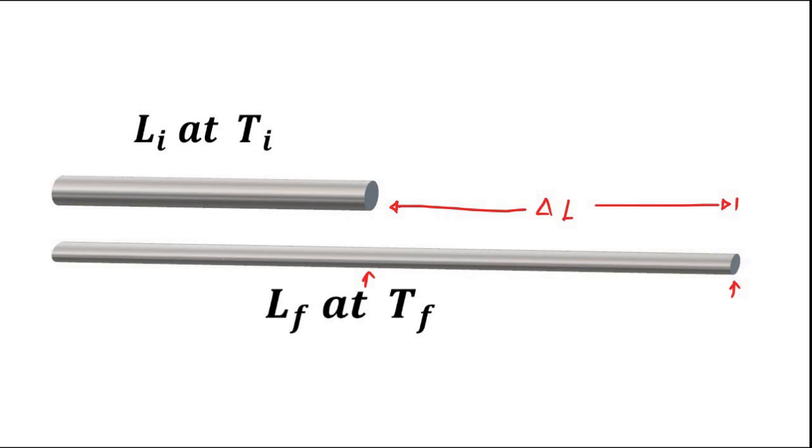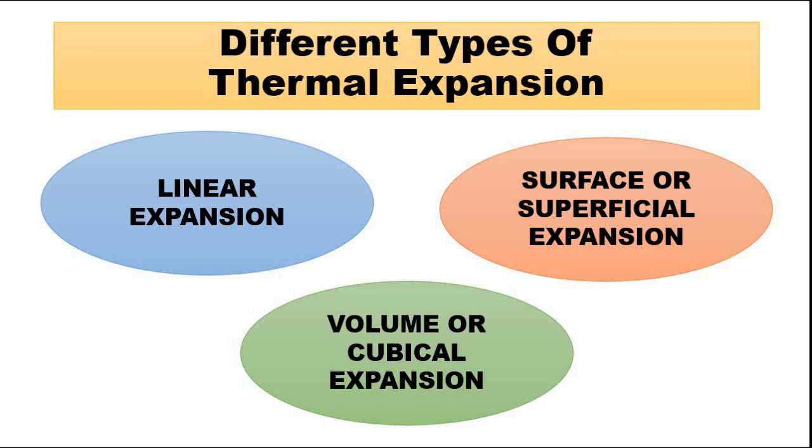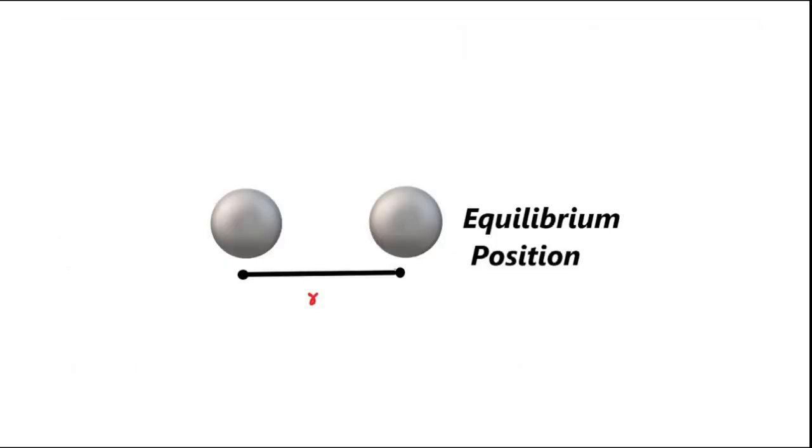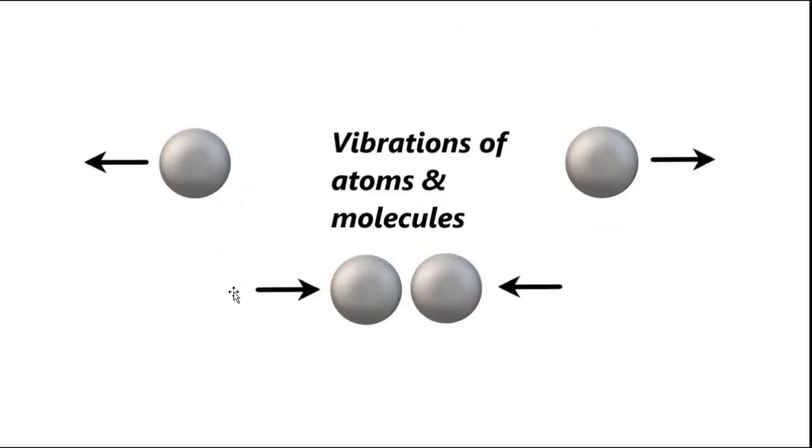Again we have discussed here linear expansion. The cause of it is that when it is heated, the vibrations or oscillations of the molecules or atoms increase the average interatomic or intermolecular separation, which is generally greater than the equilibrium separation.